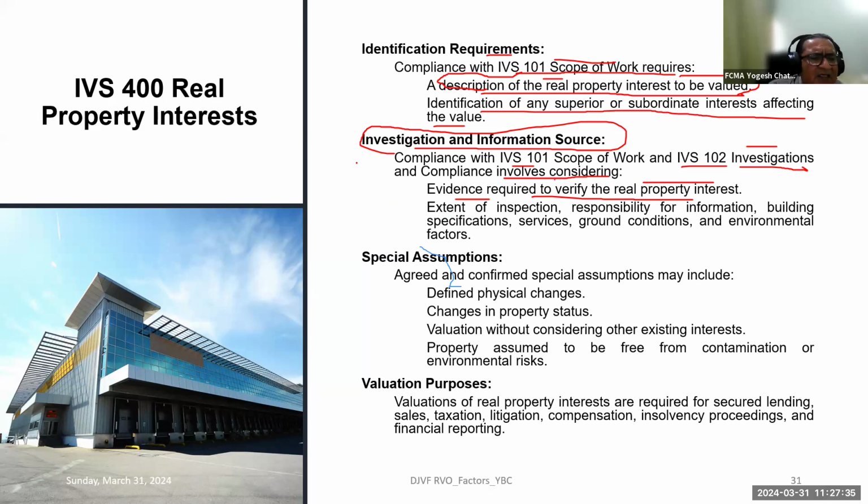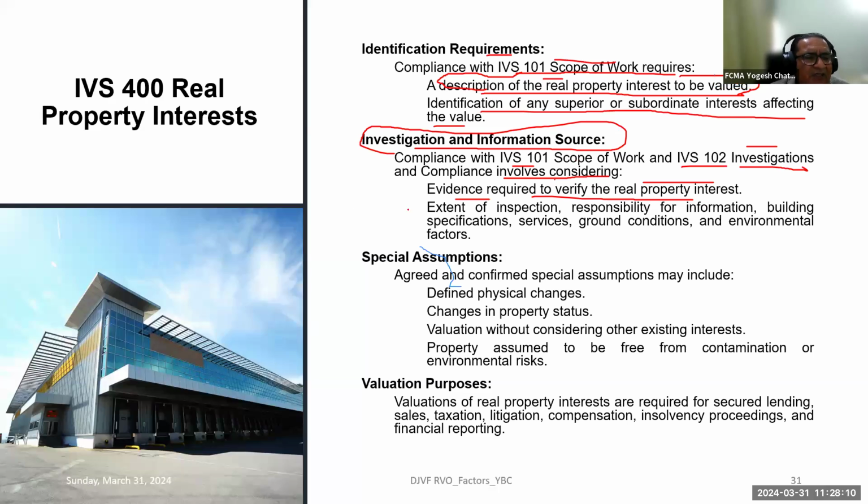The valuer's client informed him that the property is leasehold. The valuer took that information and made the valuation accordingly. Unfortunately, that valuation report was challenged, and it turned out that the lease deed had already expired on the date of valuation. The lease deed had expired and was not renewed.